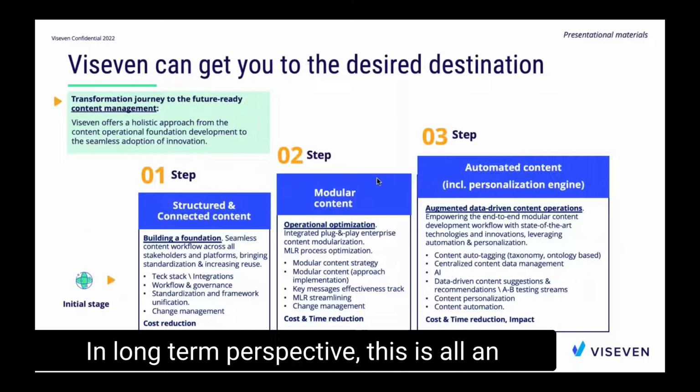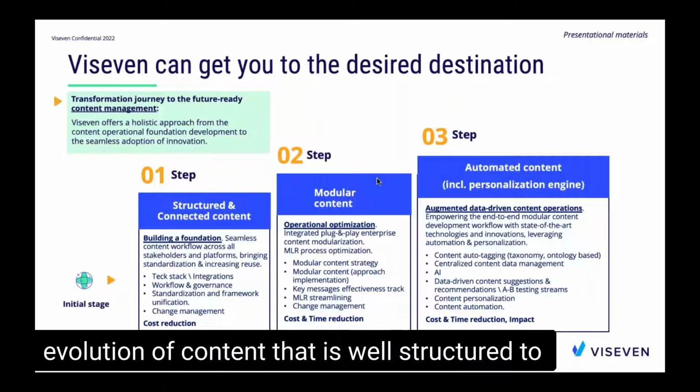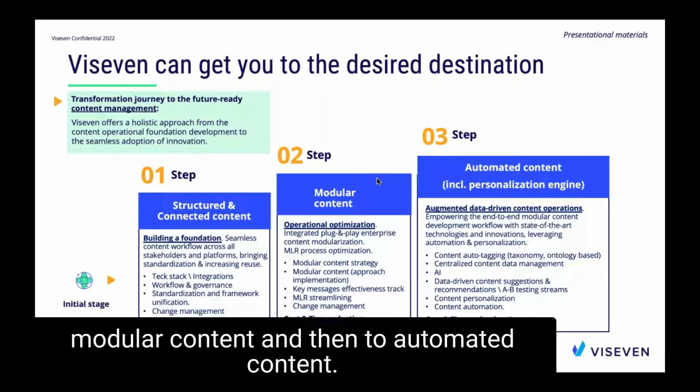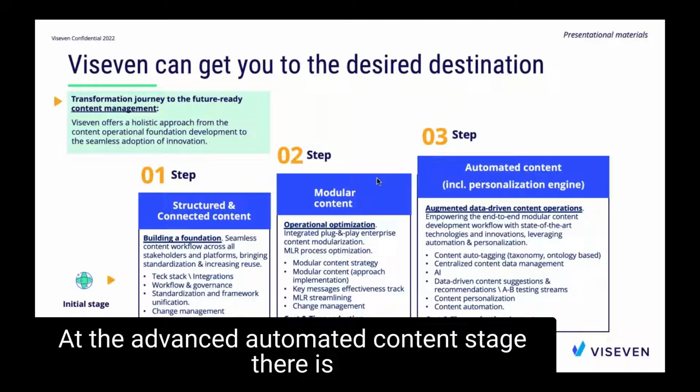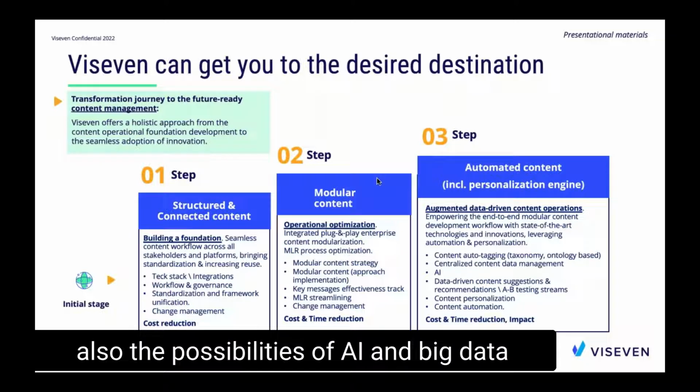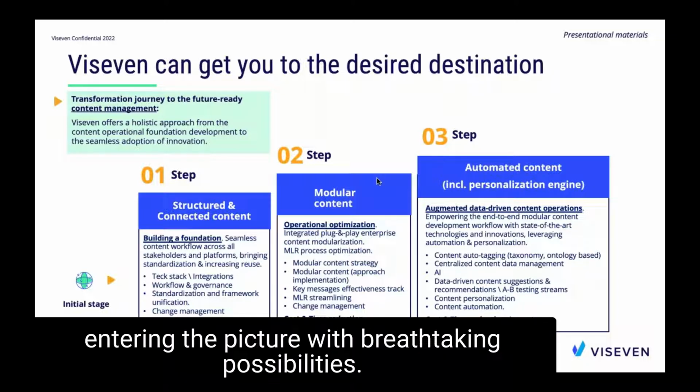In long-term perspective, this is all an evolution of content that is well structured to modular content and then to automated content. At the advanced automated content stage, there is also the possibility of AI and big data entering the picture with breathtaking possibilities.